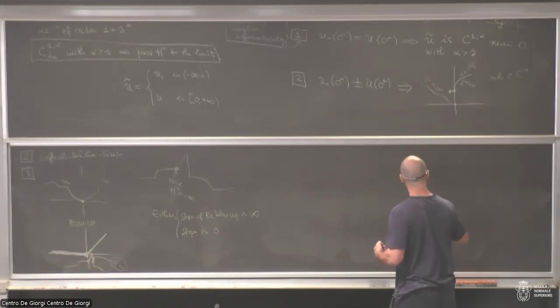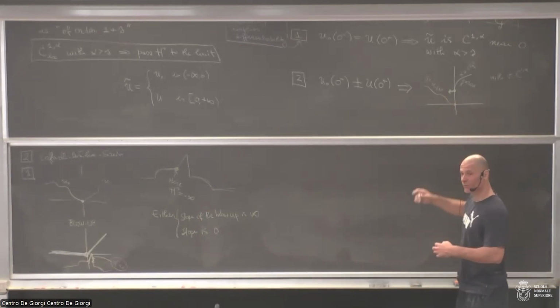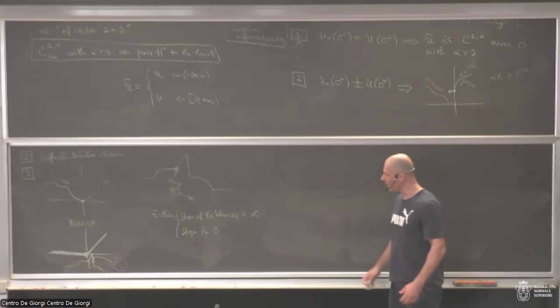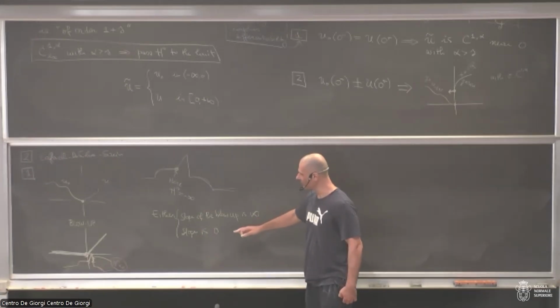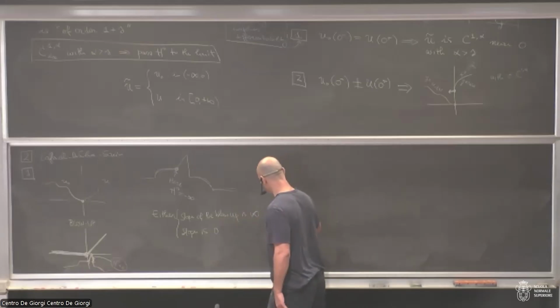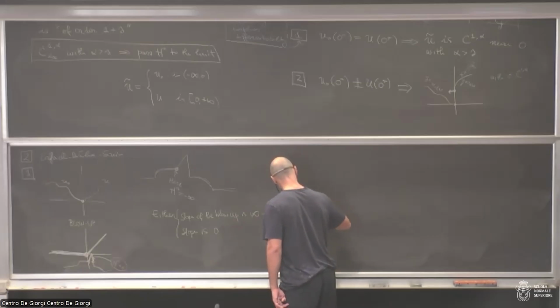But that's not enough for you, because you want C1 alpha with alpha larger than S. So now you have to work a little bit more, because you would like to say that if the slope is plus infinity, actually U is discontinuous.